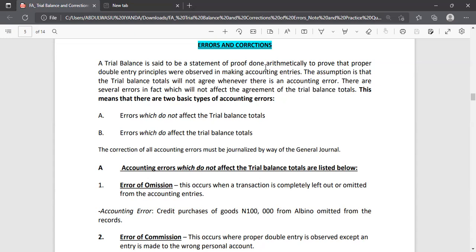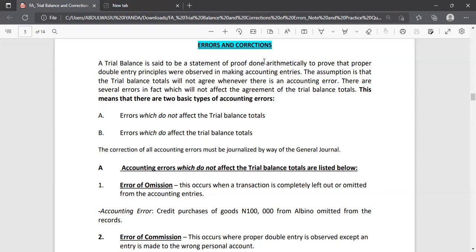Now, when it comes to errors, for example, if you remember in our previous class, if you post a transaction into a ledger, at the end of it, you should balance when you want to extract your trial balance. Maybe some 3 classes ago, we talked about posting and extraction of trial balance.